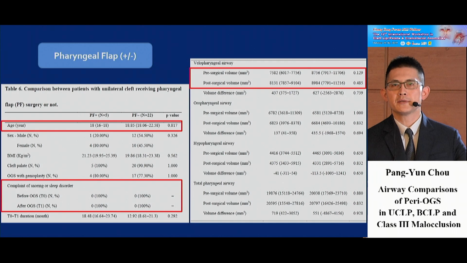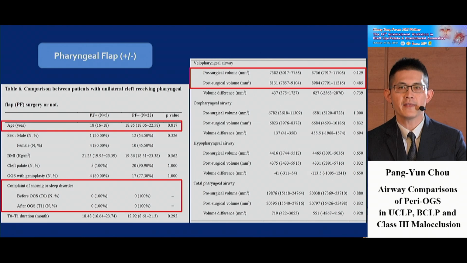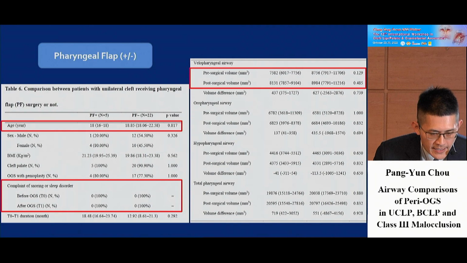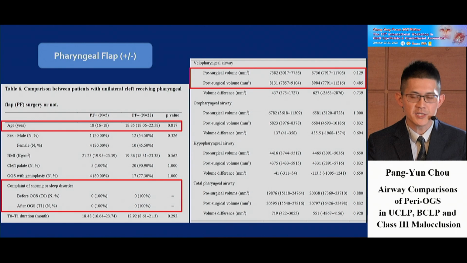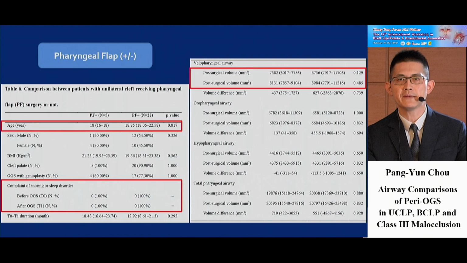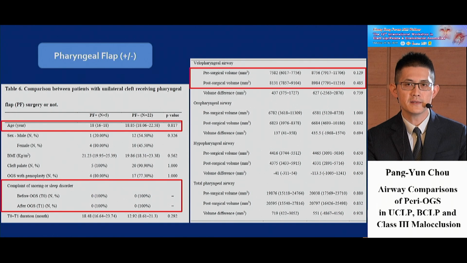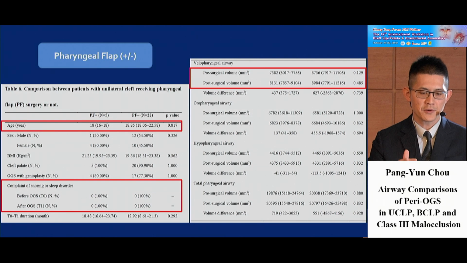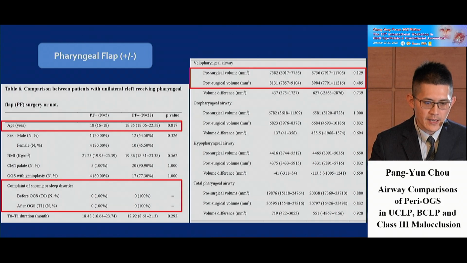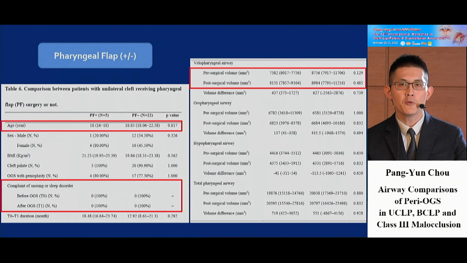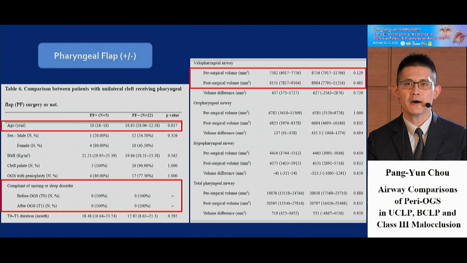When we look in more detail within the UCLP cases, at patients with the pharyngeal flap or not, the numbers are 5 and 22, but the age shows no difference. Between the two groups, no cases complained about snoring or sleep disorder before and after the surgery, but this is only from a retrospective questionnaire study. However, the pharyngeal flap group shows less airway volume than the group without the pharyngeal flap.